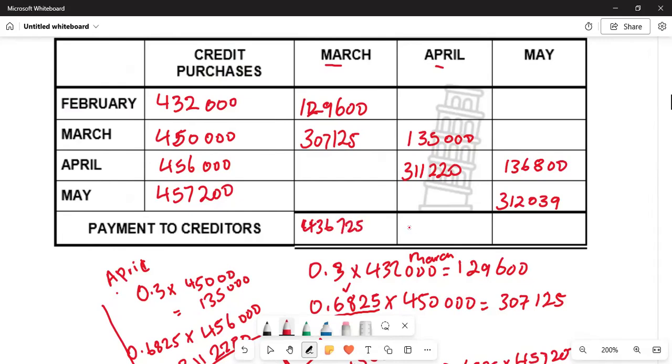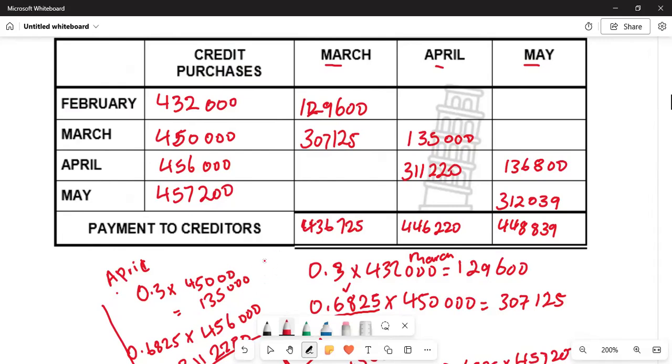For April, it's going to be 446,220. For May, it's going to be 448,839. So this is how we were asked to calculate the creditors payment schedule for these 3 months that were budgeted.